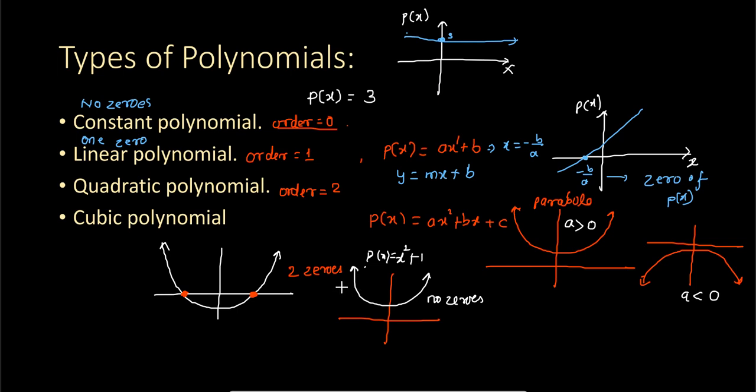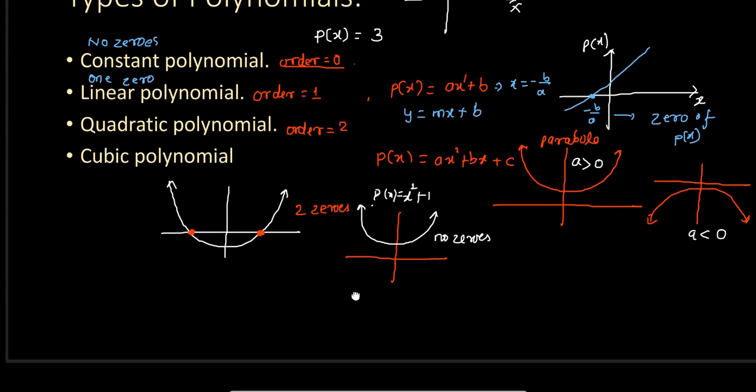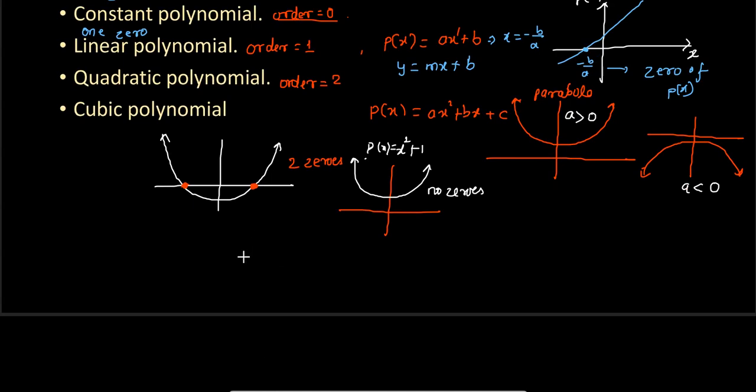But the important point here is that you won't find any quadratic polynomial with a single zero. Since the shape of this quadratic polynomial p(x) is like this, it has to come back. If it is going downwards, it has to come back in the upward direction, or vice versa, if it is going upwards, then it has to come back in this direction, right?